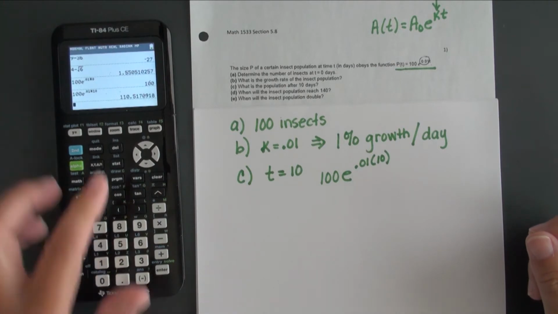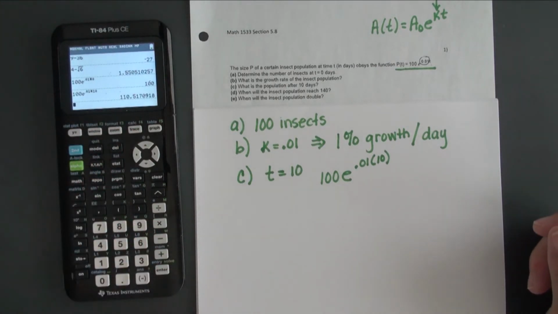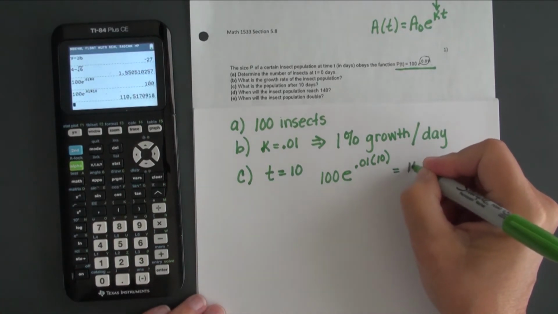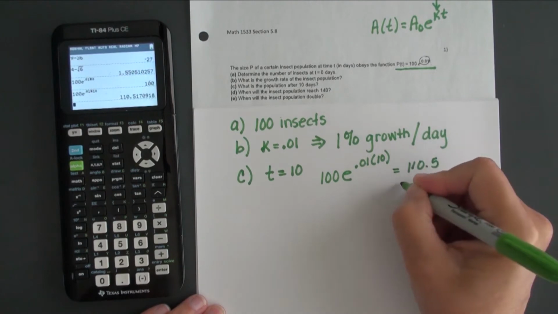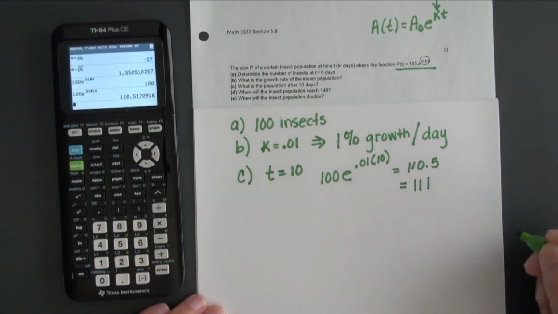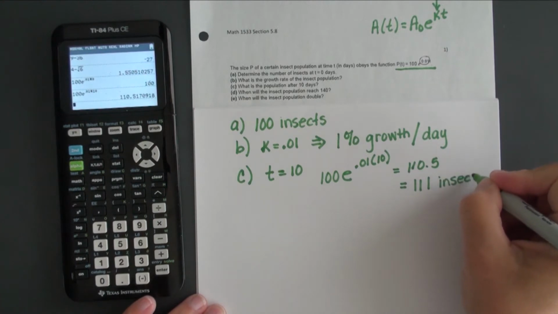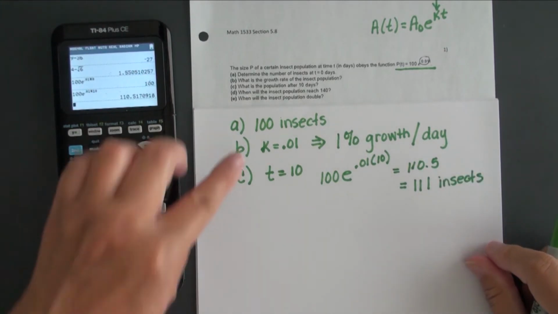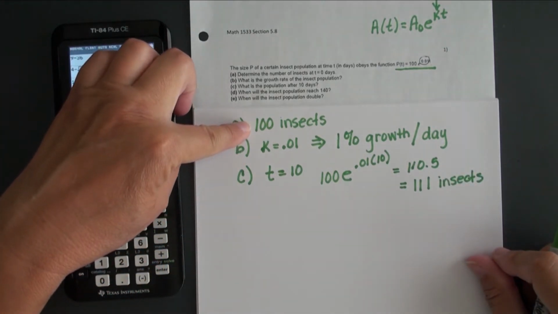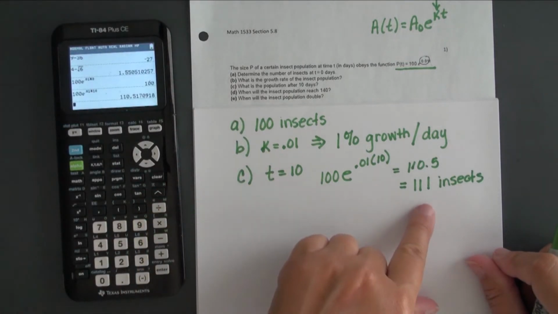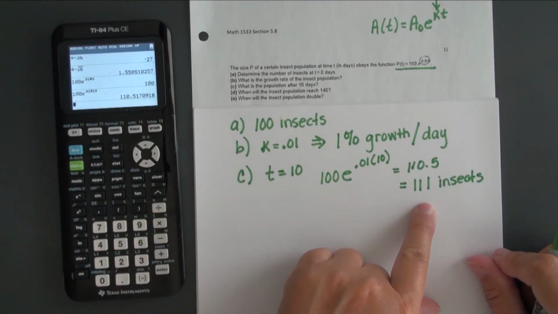And I got 110.5. Well, you can't have a fractional amount of insects, so we will round that to the nearest whole number. 111 insects. So with this growth rate, we started with 100 insects, and after 10 days, we now have 111 insects.